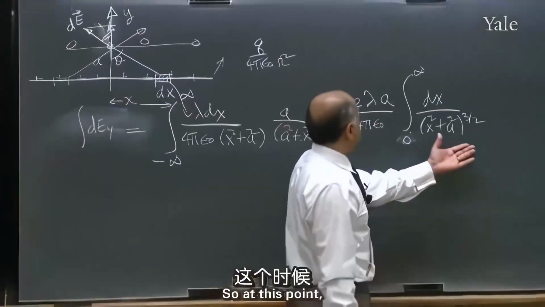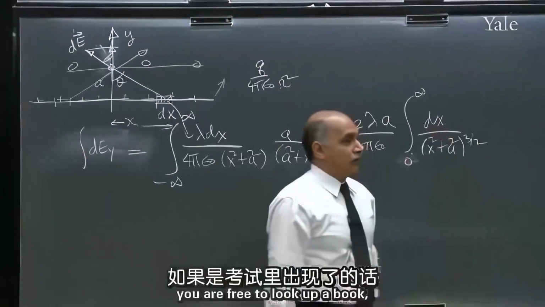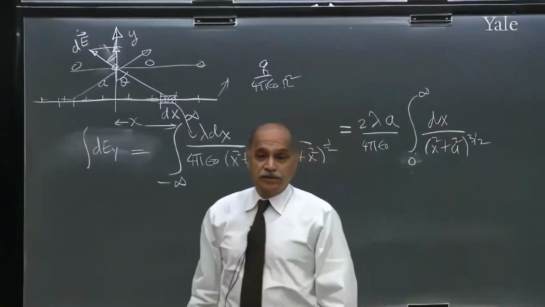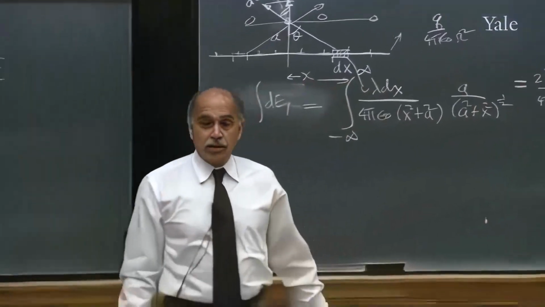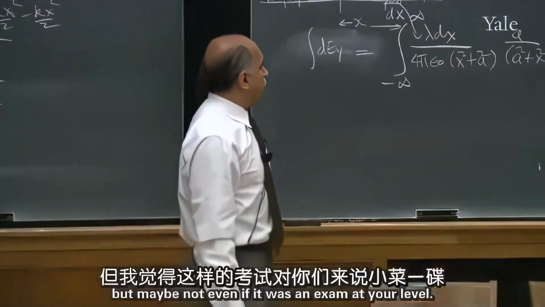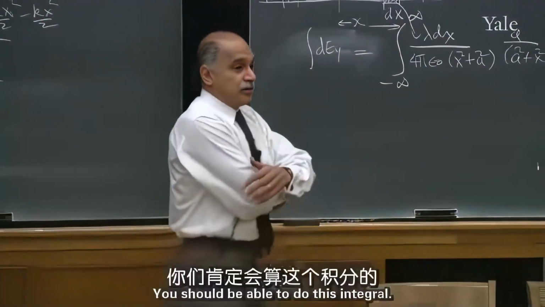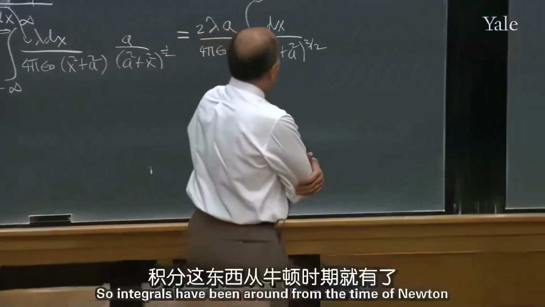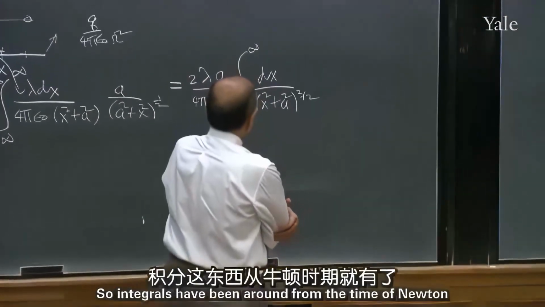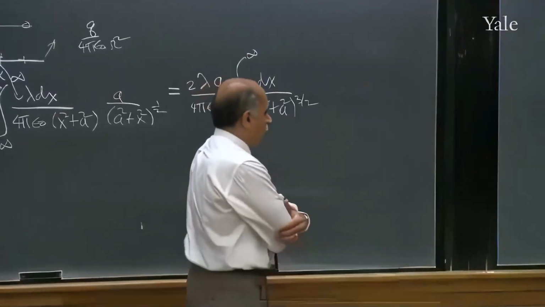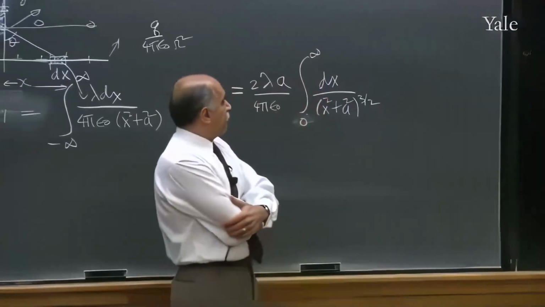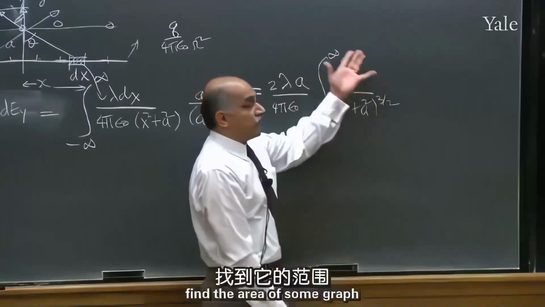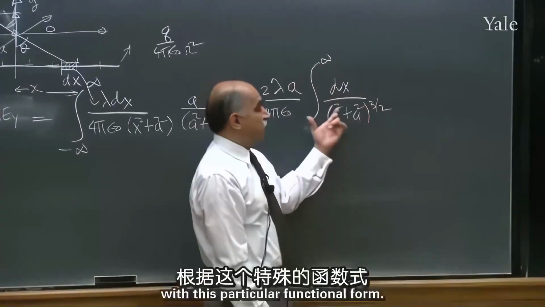So at this point, you are free to look up a book if it was an exam. Well, maybe not, even if it's an exam at your level. You should be able to do this integral. Integrals have been around from the time of Newton, and the question of an integral is to find the area under some graph with this particular functional form.